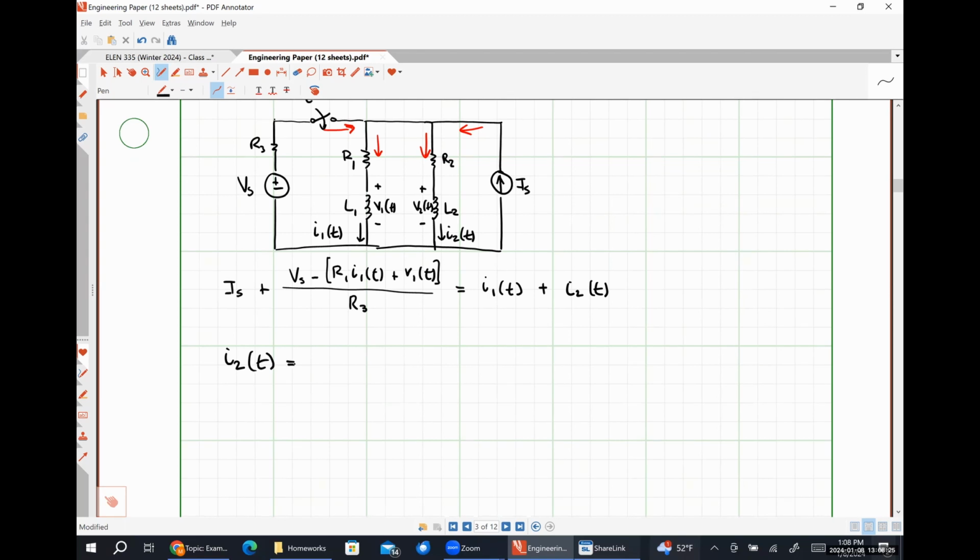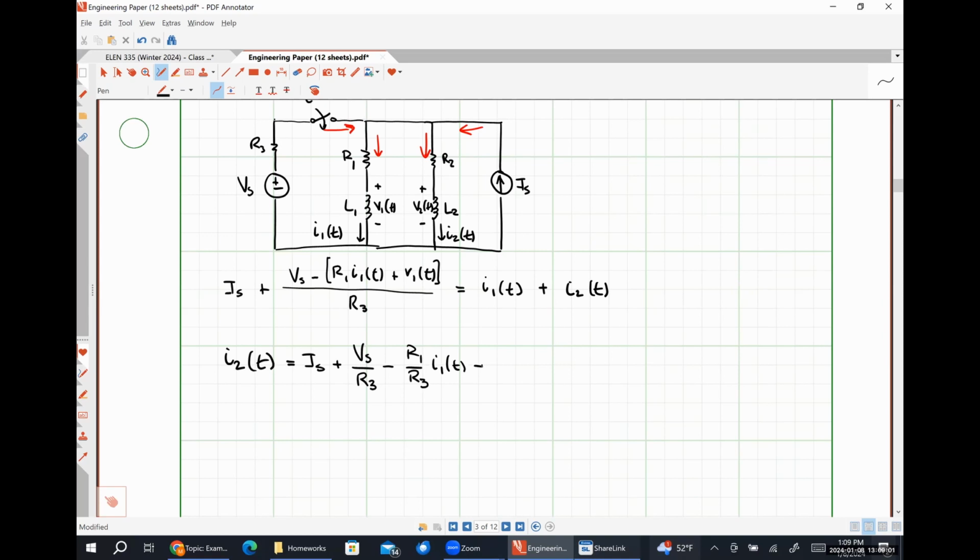So this should be equal to IS plus VS over R3, then minus R1 over R3 times I1, minus V1 over R3.